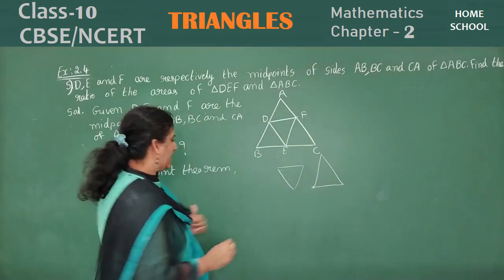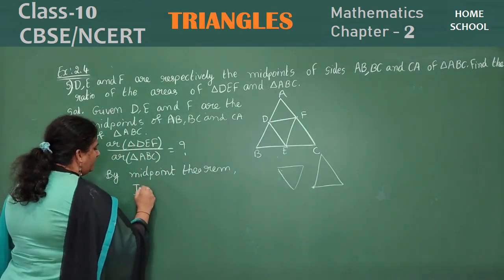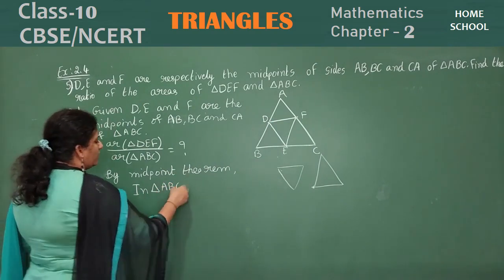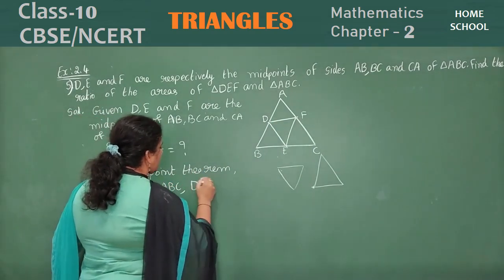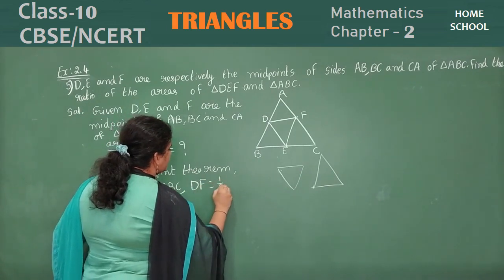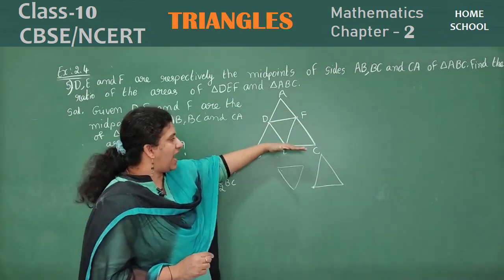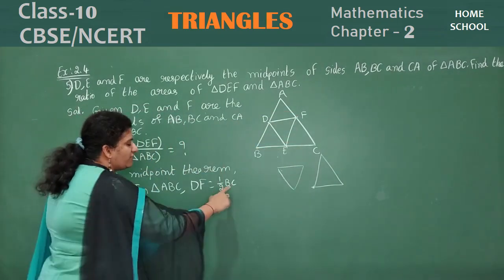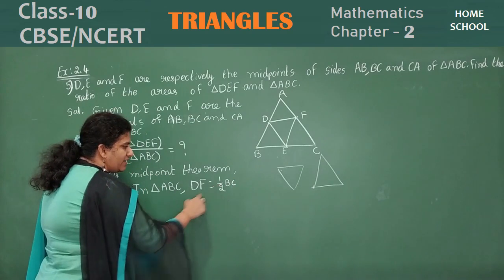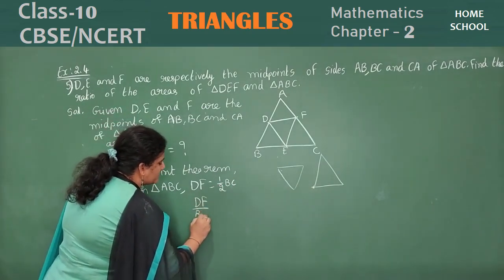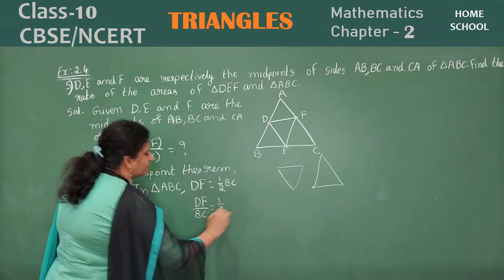I can say that in triangle ABC, DF, observe carefully, is half of BC. DF is half of BC. So now this BC, multiply on the other side, that will be DF by BC is equal to half.